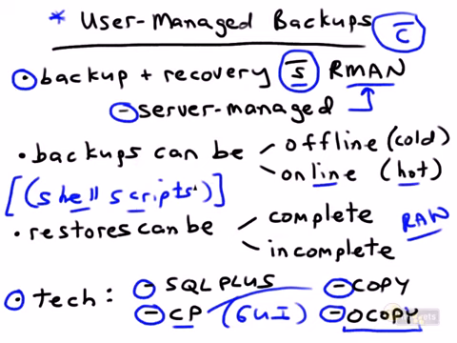All right, that disclaimer having been made, let's get more into the mechanics, the hows and whys of user-managed backups. On the backup side, note that we can do both cold and hot backups using user-managed technologies. The offline backup is also called a consistent backup, you'll remember, whereas the hot or online backup is called inconsistent.